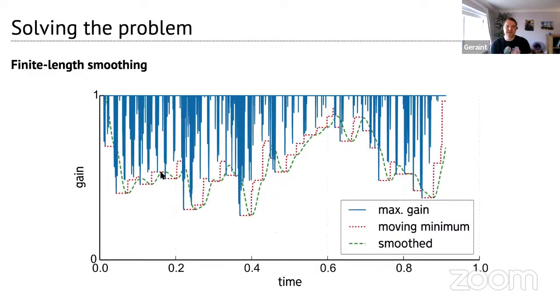So we can see this in this graph here. We've added the green dashed line for the smoothed version of our moving minimum. And so this is the way that we've chosen to solve this today.